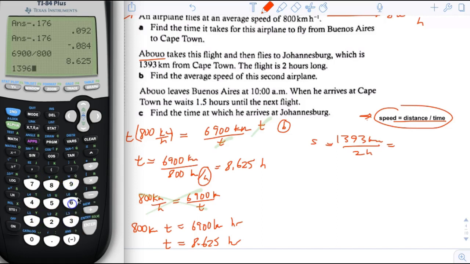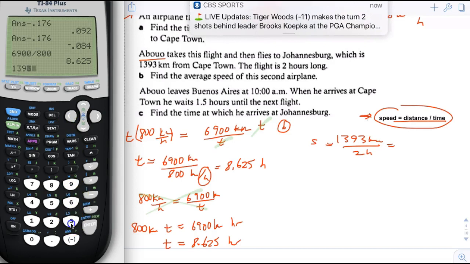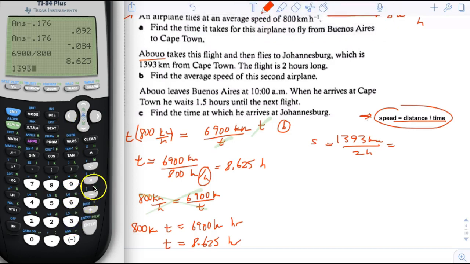So we're going to take 1,393 and divide it by 2. 1,393 divided by 2, and we get 696.5 kilometers per hour. Okay, and that's it for B.